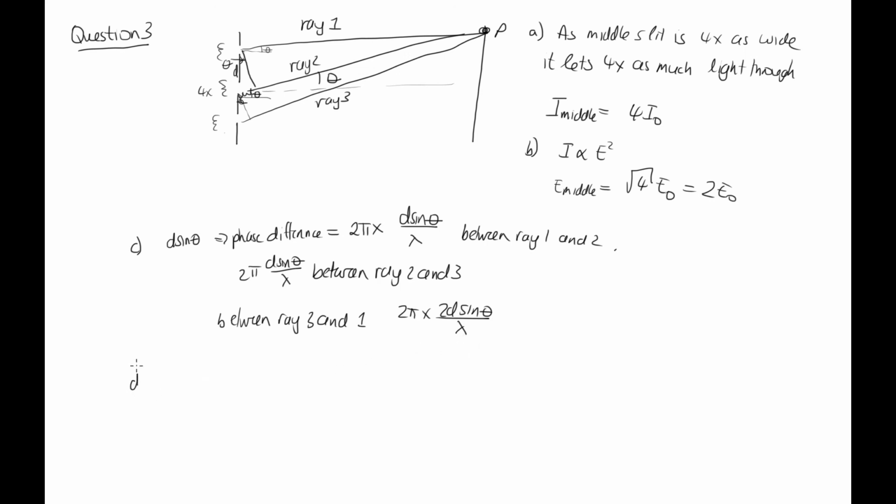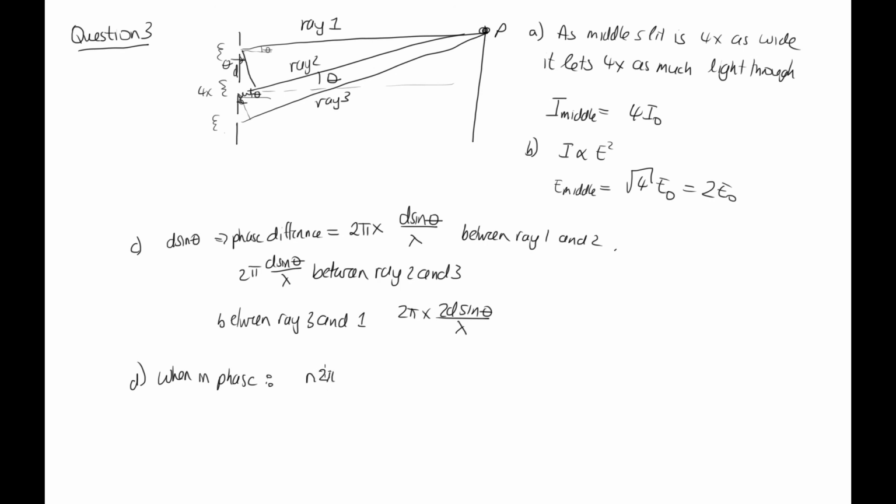Okay, and then part D asks us, hence or otherwise, determine the conditions for maximum and minimum in the interference pattern. Okay, so we'll have a maximum at P when all of these are in phase with each other. So these will be in phase when the phase difference is equal to an integer multiple of 2 pi.